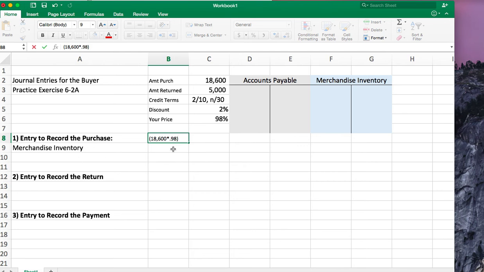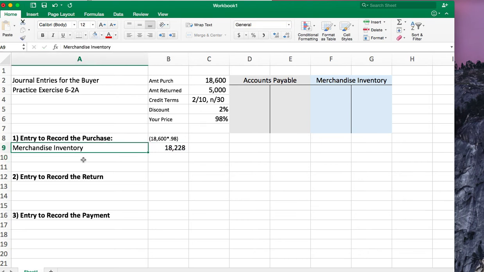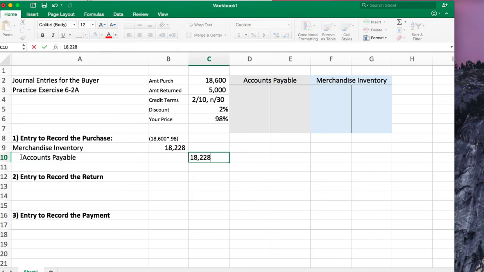So once you key that in your calculator, I hope that you got 18,228. So your debit is to merchandise inventory, and remember the problem reads that we purchased that on account, so our credit is to accounts payable for that amount, 18,228.